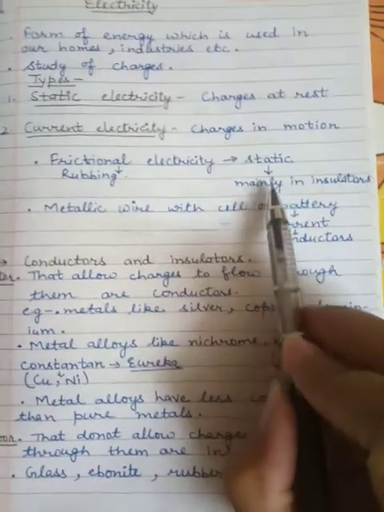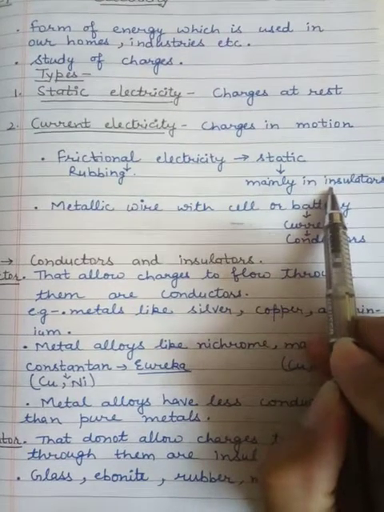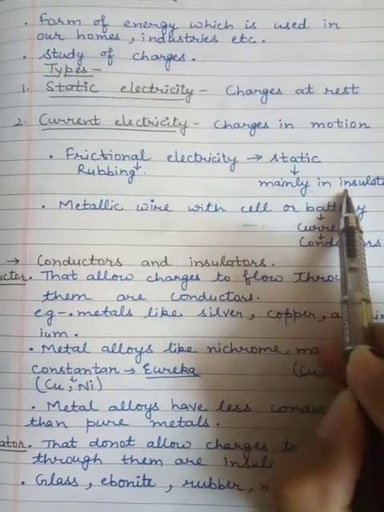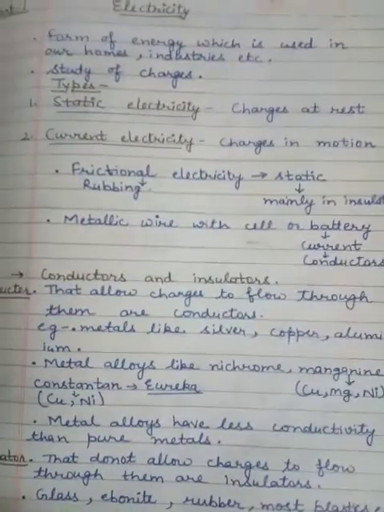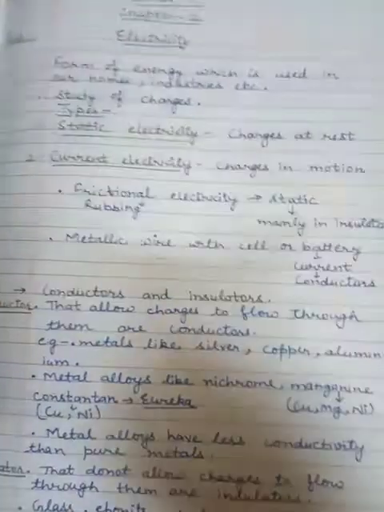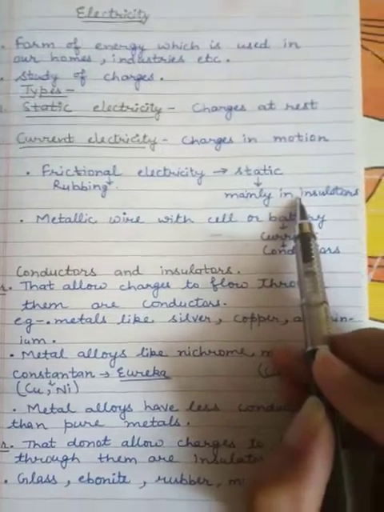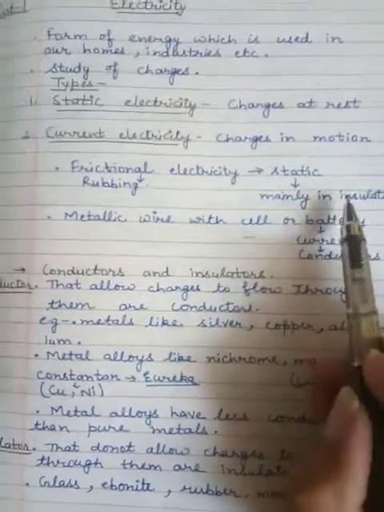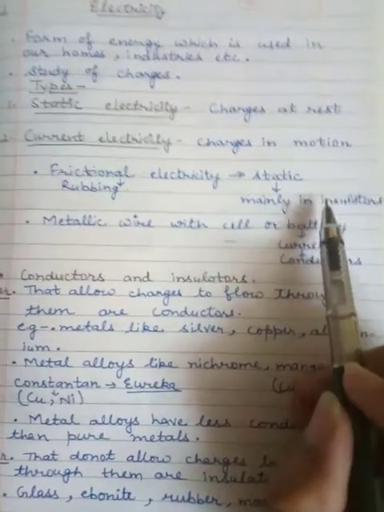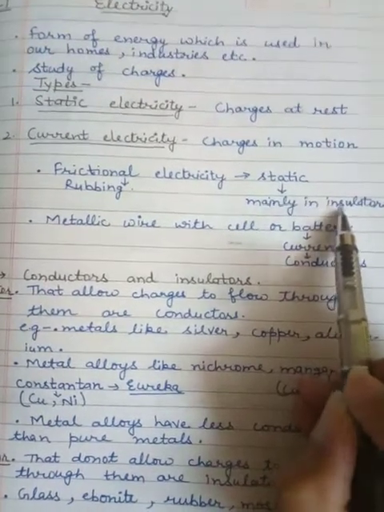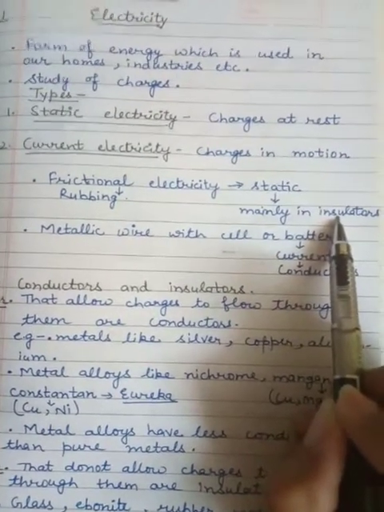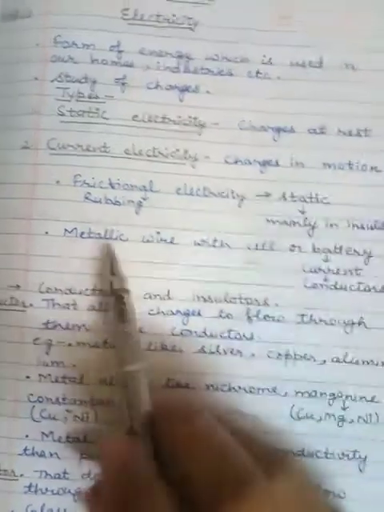That means it is mainly in the case of an insulator, so we are using the plastic scale. We cannot use an iron scale or a steel scale, because a steel or iron scale will help the charge to move, but because plastic is an insulator, the insulator will not allow the charge to move.